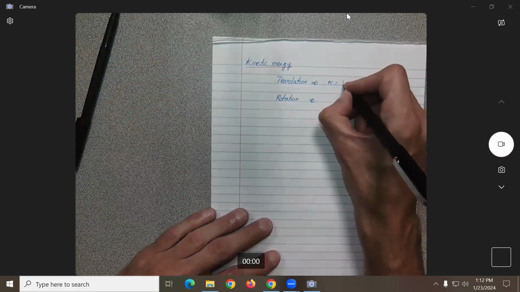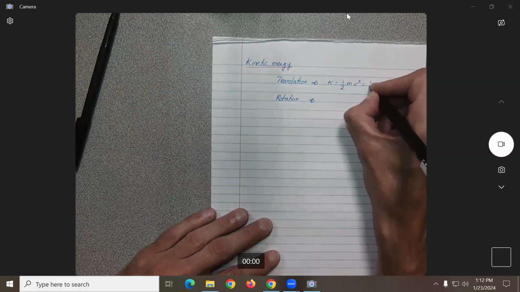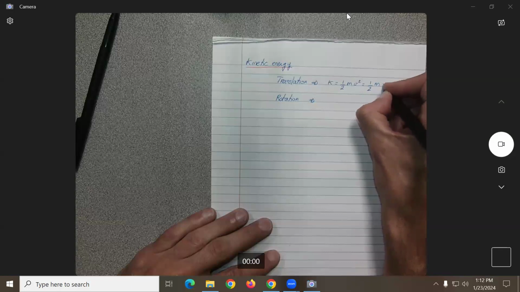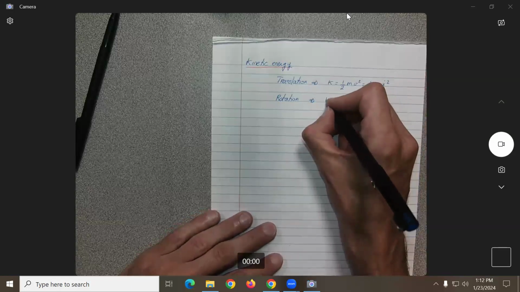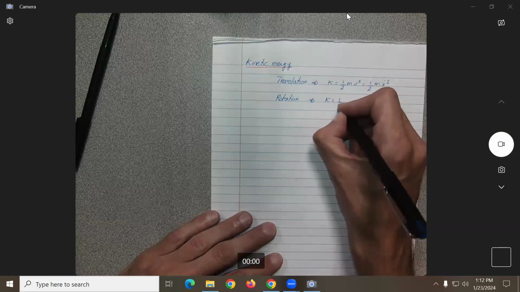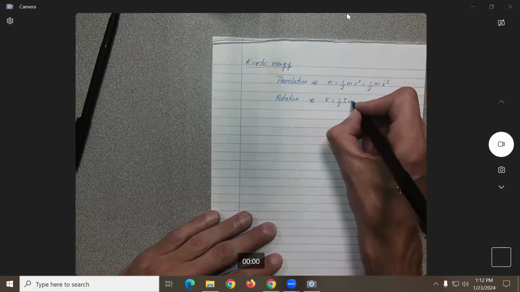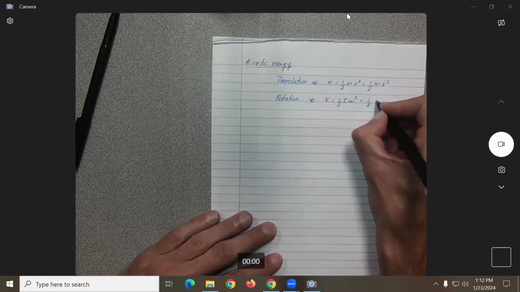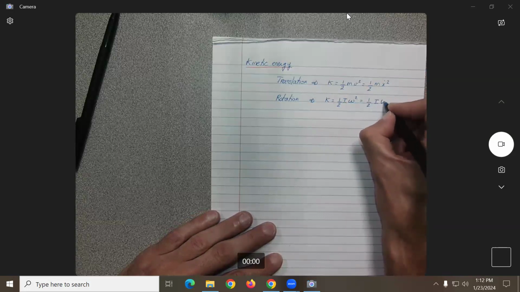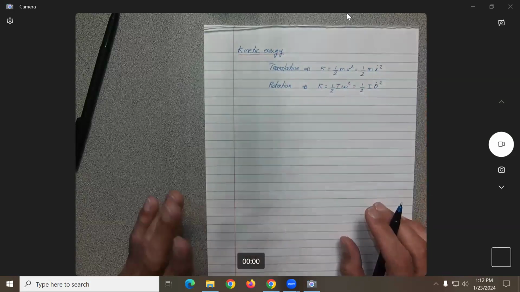K equal to what? 1/2 mv squared, which would be 1/2 m x dot squared, no? Now, if it's in rotation, what should be the kinetic energy? It's 1/2 I theta dot squared, where theta dot is omega, no? Okay.